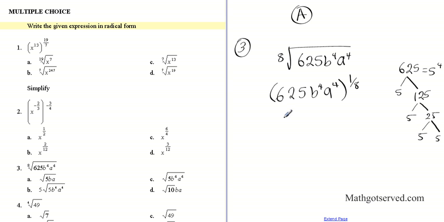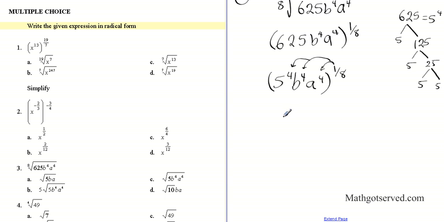All right, so I'm going to replace this constant with that. So I'll have 5 to the 4th, b to the 4th, a to the 4th, everything raised to the 1/8 power. I'm going to use my power of products property and a power of a power property to basically distribute this power to all these powers on the inside. Okay, so when I make that distribution, I'm just going to multiply.